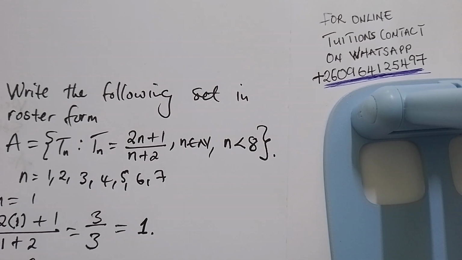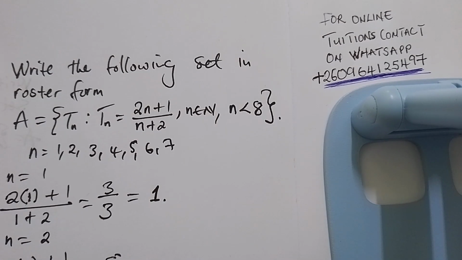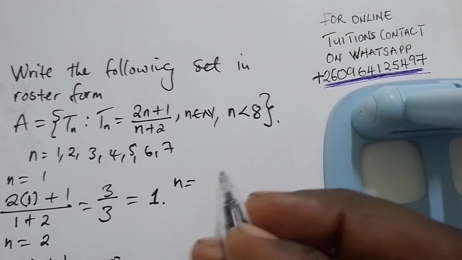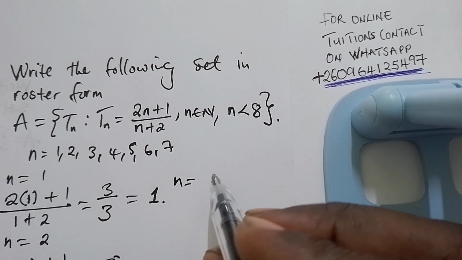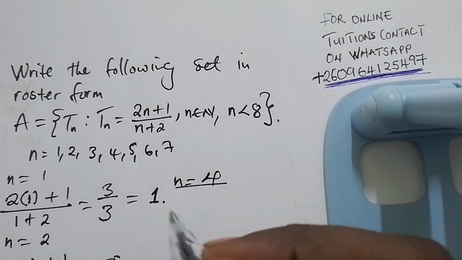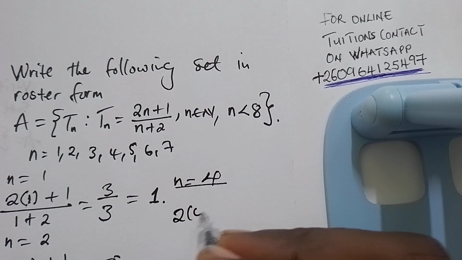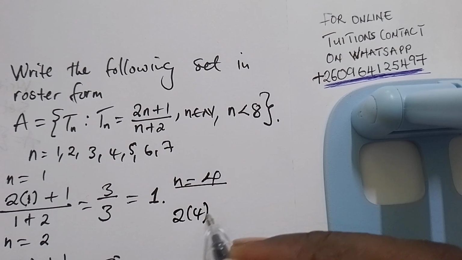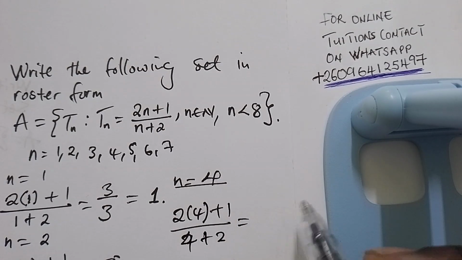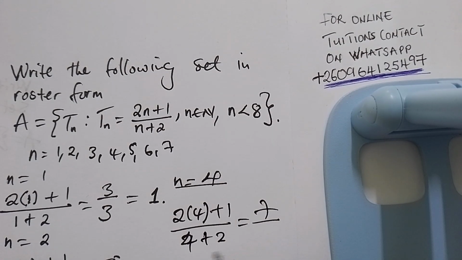The fourth element will be when n is equal to 4. If n is 4, substituting there, that is 2 times 4 plus 1 over 4 plus 2. This gives us 8 plus 1 over 6.